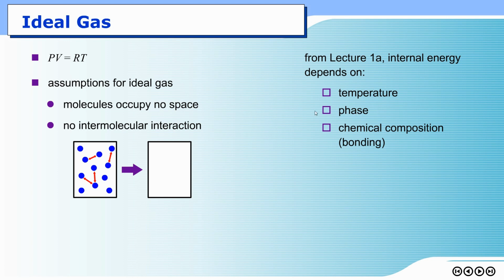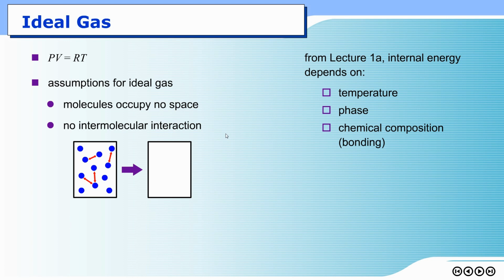So it doesn't matter what kind of gas you consider, as long as it is assumed to be ideal gas, the phase is fixed. On the other hand, if we assume the gas behaves as ideal gas, there is no intermolecular interaction amongst molecules. So it doesn't matter what kind of molecules you have.